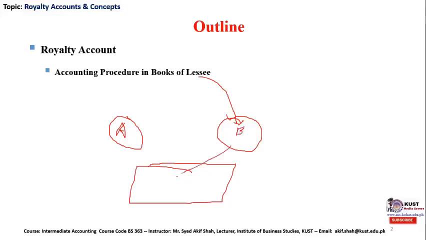And by utilizing this resource or piece of land to extract minerals, party B has to pay certain amount of money as royalty fee to the owner of that land or the landlord. So how the party B records the accounting treatment in his books of account will be discussed in this lecture.